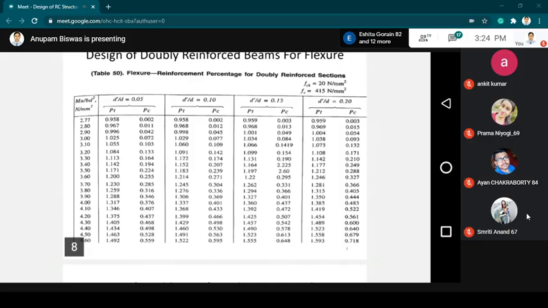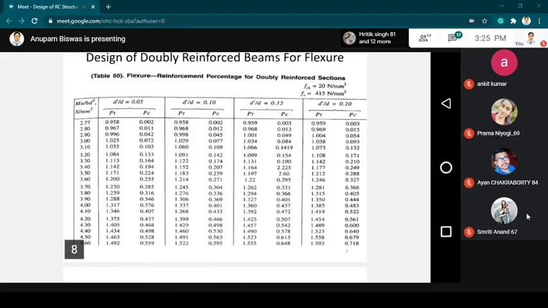The complete table is not shown here, only a partial section is shown because of the non-availability of space. So you can download SP16 if you don't have it, and from here we will get the values of particular Pt and Pc for the consecutive d dash by d ratio.